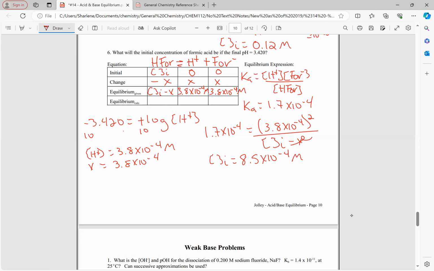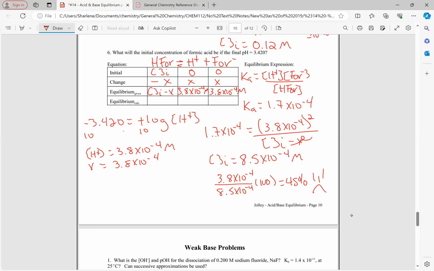They have the same magnitudes, but I'm going to check. So 3.8 times 10 to the minus fourth divided by 8.5 times 10 to the minus fourth times 100. Ooh, 45%. No, that was a bad assumption.